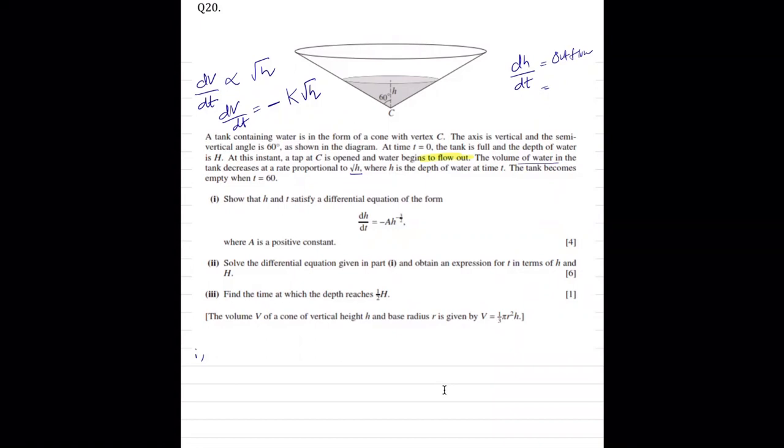One third pi r cubed. Okay, so the volume of the cone is one over three pi r squared h. That is the volume.